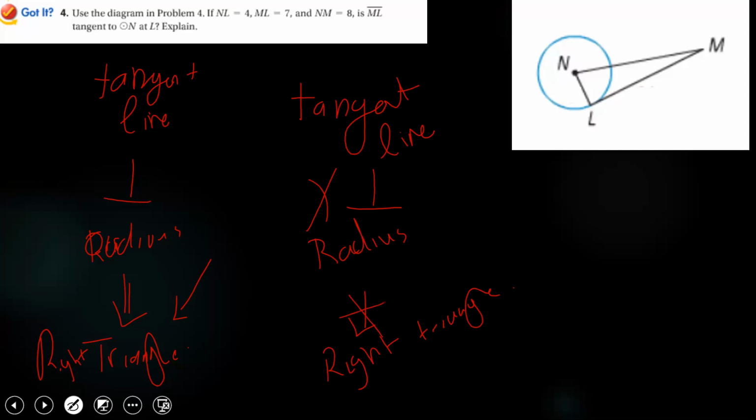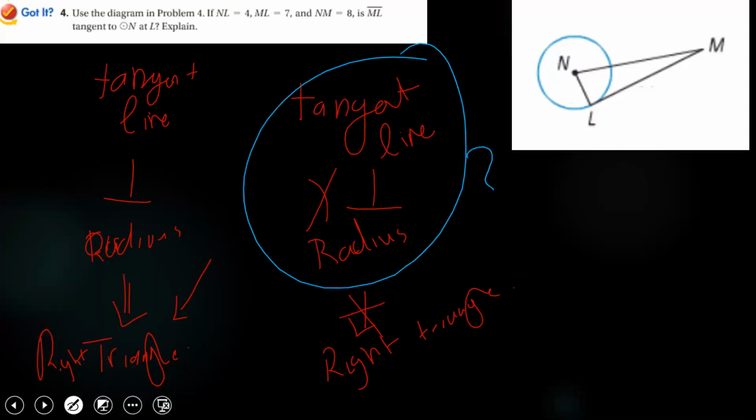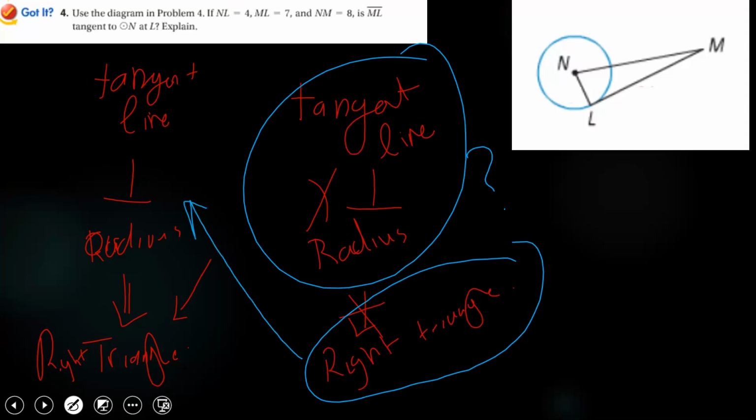So how can I know if this is perpendicular or not? By checking if we have a right triangle or not. If we have a right triangle, I will say it is perpendicular. If not, I will say that it is not perpendicular.